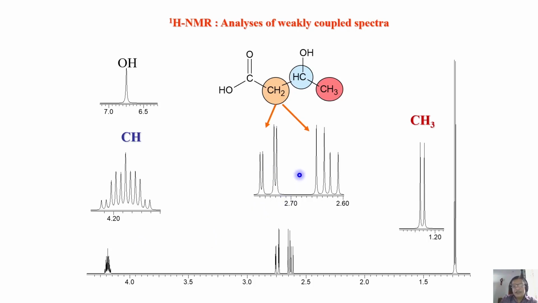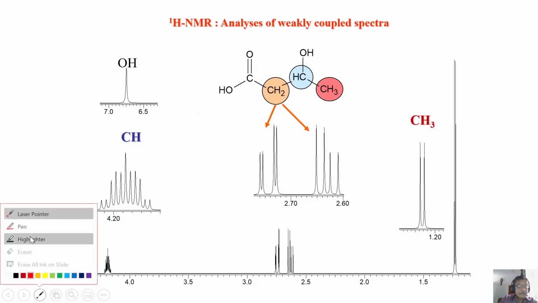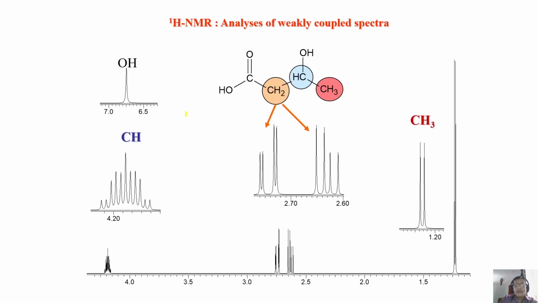Now, interestingly, I can write the structure like this. For this one, I'll write C here, 1 proton here, and another proton here, C, and 1 proton here.